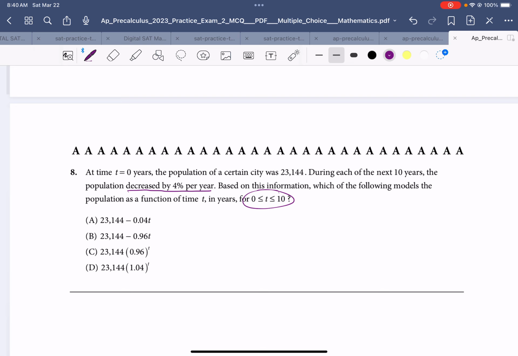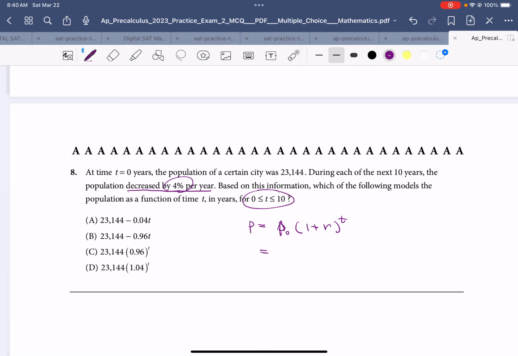Okay, so what it says is it decreases 4% every year. So we can use this formula: population equals your initial population times 1 plus r to the power of t. That's the kind of formula.